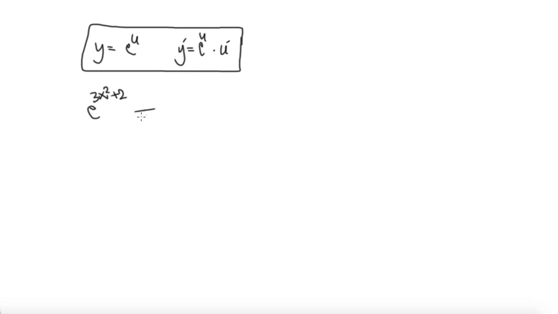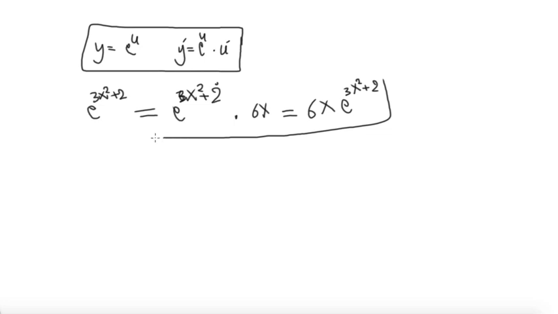It will be e to the power of 3x squared plus 2. Then we need to take the derivative of this one, so it will be multiplied by 6x. That one is 0 and this is 6x. So it will be 6x e to the power of 3x squared plus 2. So this is an example.